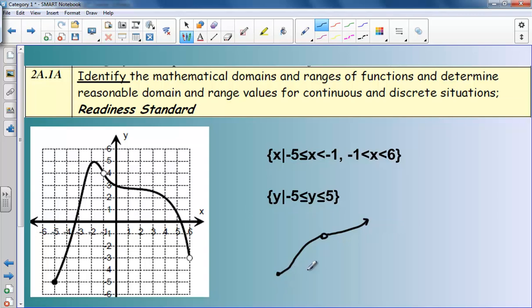And so the domain of this was what they asked for. And most people got it right, but I still saw a lot of confusion here. You would start with this endpoint and this endpoint.